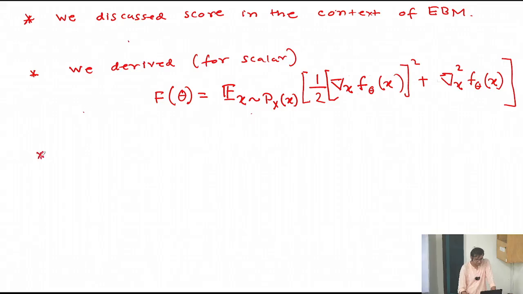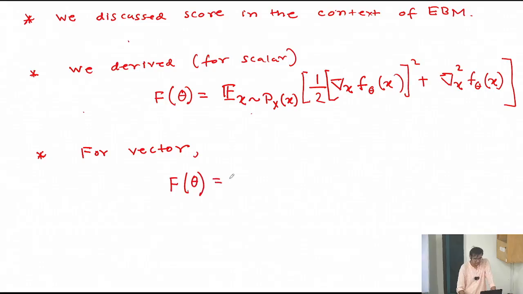So for vector, it will be f theta is equal to exponential of x, p x x, half.